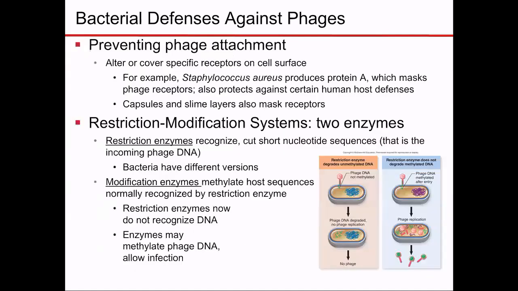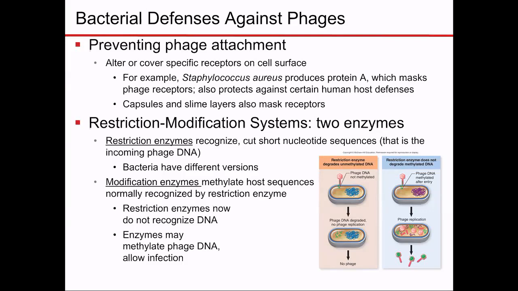Now, what mechanisms do bacteria have in order to fight these viral infections by bacteriophages? There are different mechanisms. Well, you know that in order for the infection to happen, the first thing that needs to happen is that the virus needs to find a receptor on the surface of the bacteria.